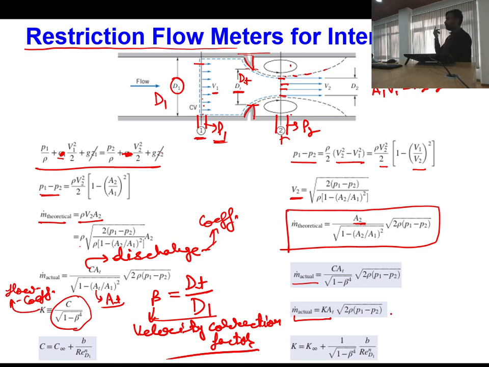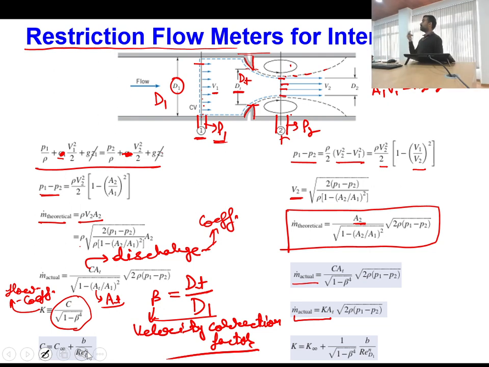Now for turbulent flows, the variation of C with Reynolds number is C equal to C infinity plus B by Re to the power n, where the Reynolds number is calculated based on D1, and B and n are constants which are functions of the flow geometry and Reynolds number.